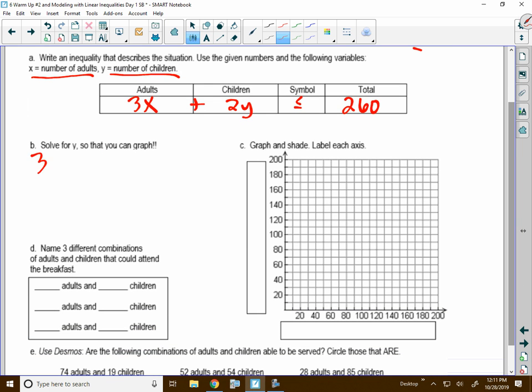Part B, go ahead and rewrite your equation. Solve your equation for y. So get y all by itself. If you need to look back at what we did on number 2, you can. That helps you.